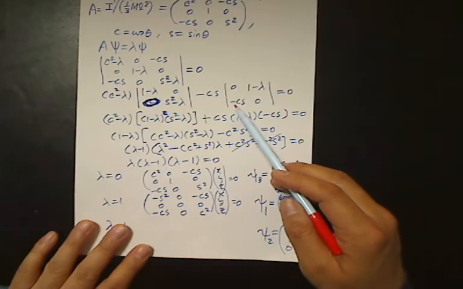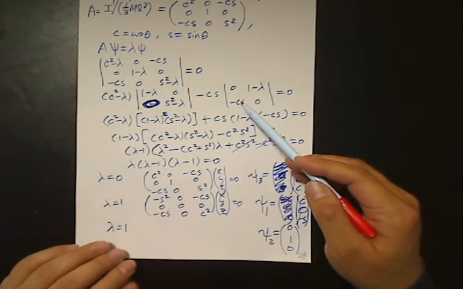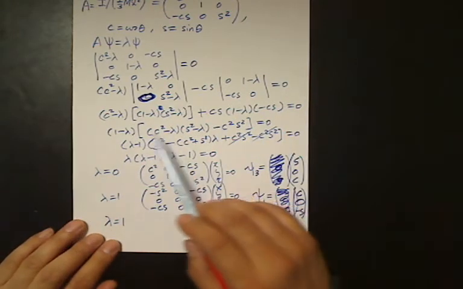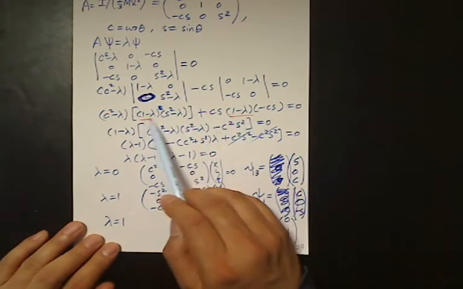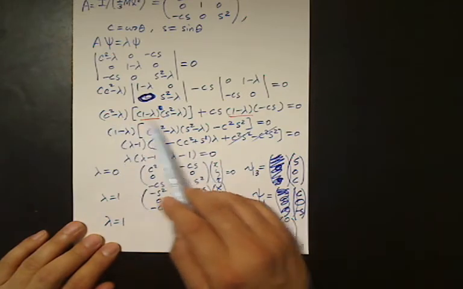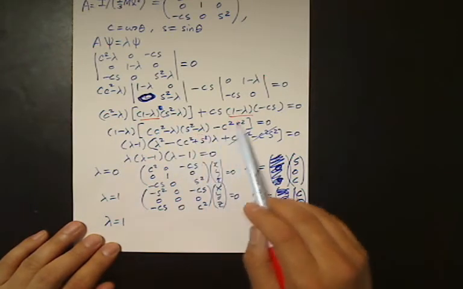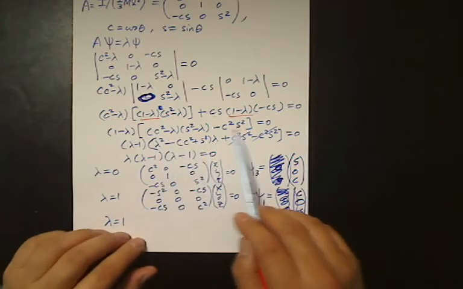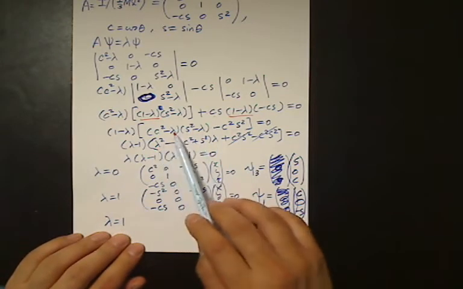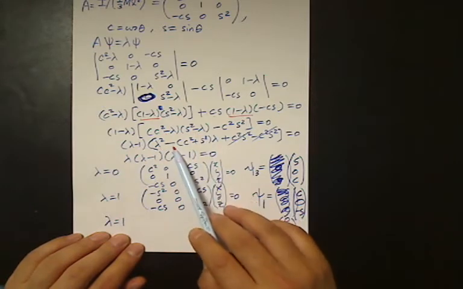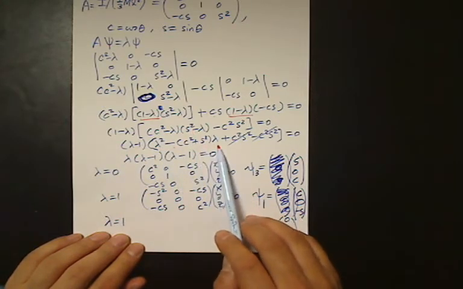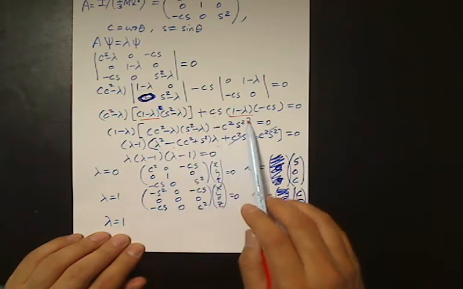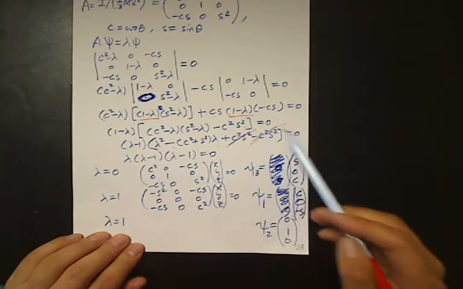This direction is odd parity, so a minus sign appears, and therefore we have a positive sign. Then 1 minus lambda can be factored out. Expanding inside the brackets, we have lambda squared minus cosine squared plus sine squared times lambda, and the constant piece is cosine squared sine squared subtracted by cosine squared minus sine squared, so they cancel.